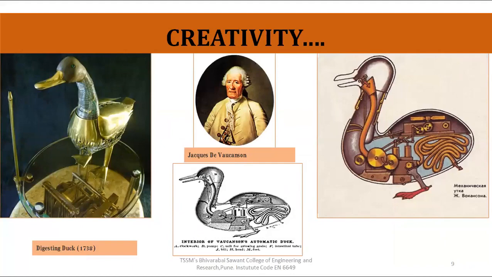Why is he known as the father of engineering drawing? The answer is that you can see on your left screen a model, that is a digesting duck or automatic duck, which was built in 1738. Dear students, please try to imagine, we are talking about 1738. There was no industrial revolution at that time.